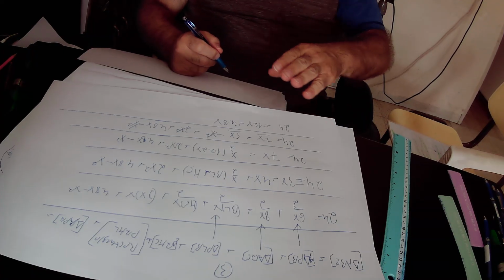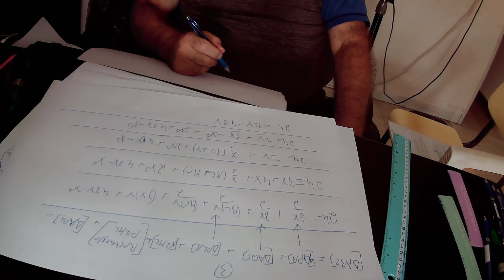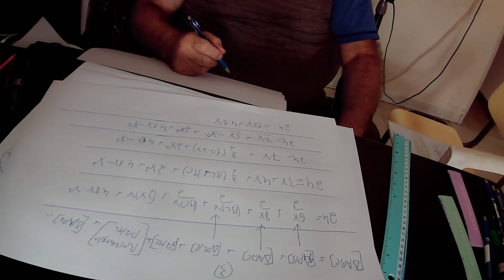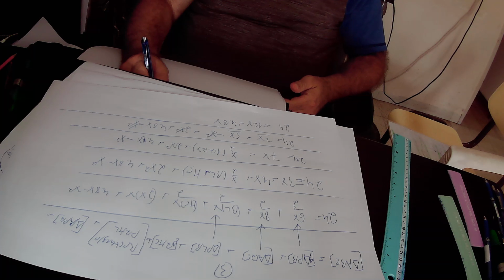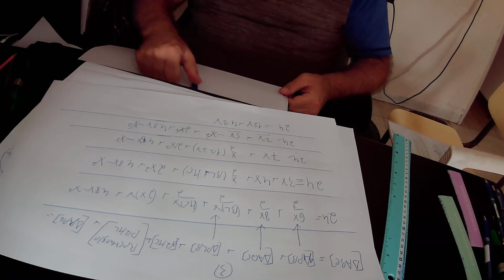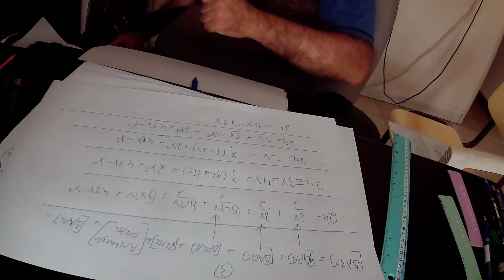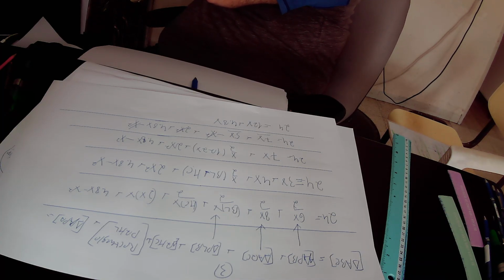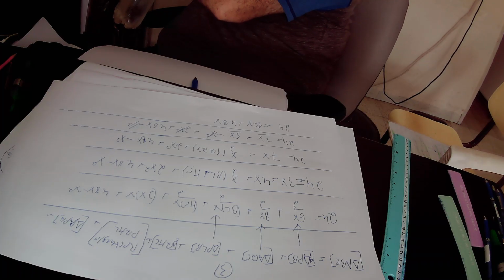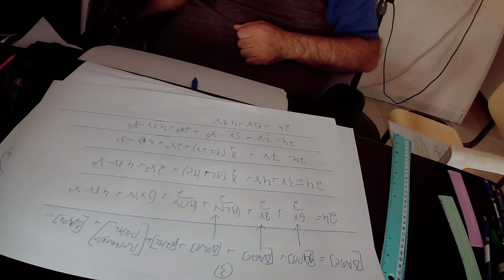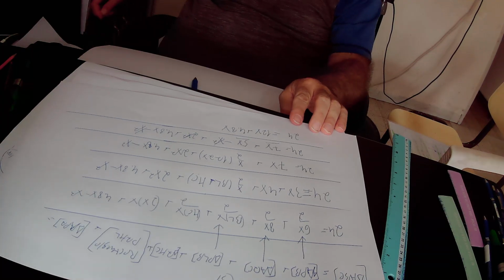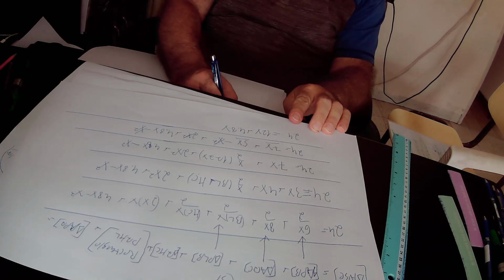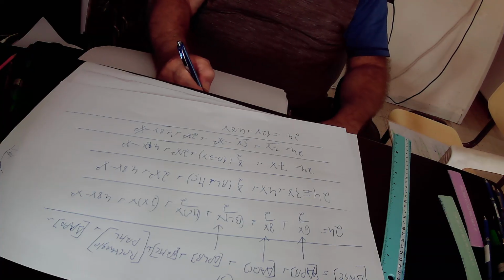So in total we should find that 24 equals 12x plus 4.8x. So 24 equals 12x plus 4.8x, which is 16.8x.